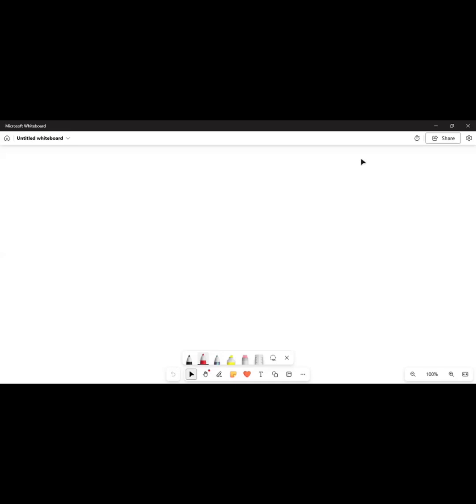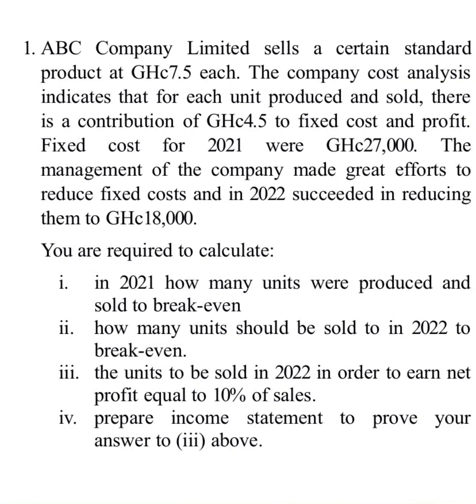I read. ABC Company Limited sells a certain standard product at 7 cedis 50 pesewas each. The company's cost analysis indicates that for each unit produced and sold, there is a contribution of 4 cedis 50 pesewas to fixed cost and profit.